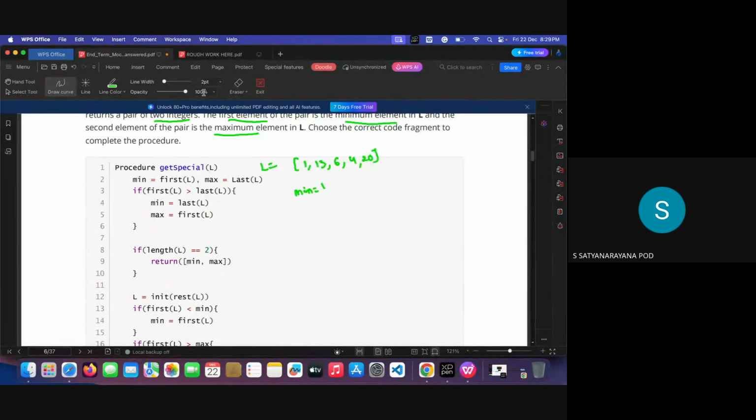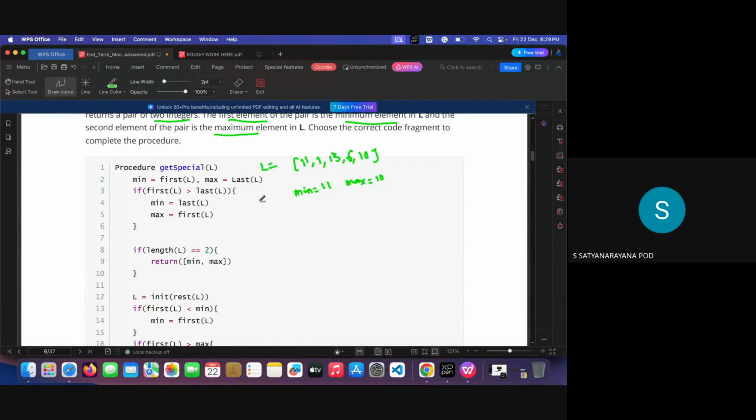So I want to change my list. Then it will be good. I don't want to take the same list because it looks like same values, so 11, 1, 13, 6, something like 10. That makes sense, I think. Here, min we are getting is 11 because they are getting the first element of the list. Max they are getting is 10.